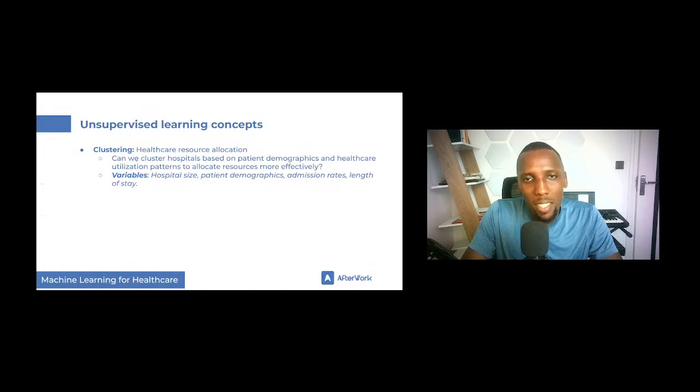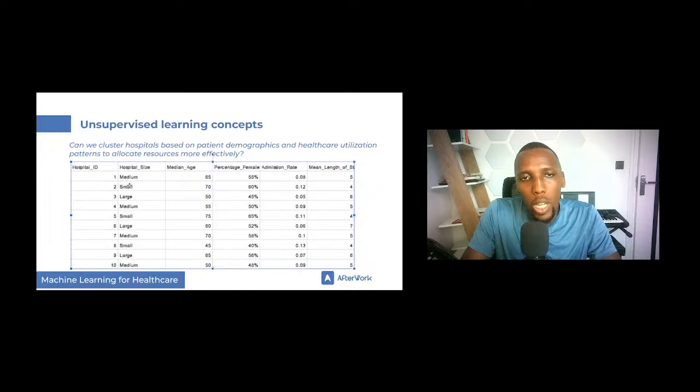In unsupervised learning, there's clustering. So a question that we might end up working on would be: can we cluster hospitals based on patient demographics and healthcare utilization patterns, so that we're able to allocate resources more effectively? You might have data as shown. So the data set might look like this. You have hospital ID, but hospital ID may not necessarily be of that importance. We might as well just not work with that data. You might have hospital size, median age, percentage female, admission rate, and mean length of stay.